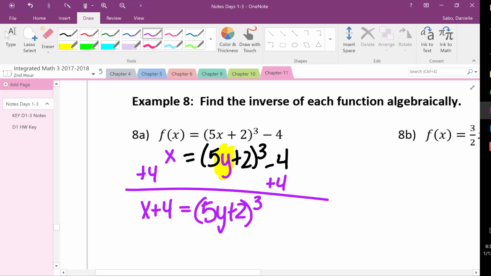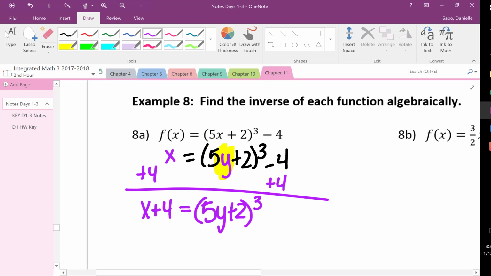Now, this is where some people get a little confused. In order to solve for y, I must first get rid of the big group. How do I get rid of cubed? Cube root. Very good. I must take the cube root of both sides. They're inverses of each other: cubed and the cube root are inverses.